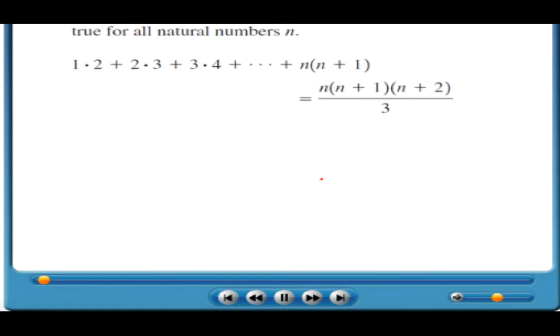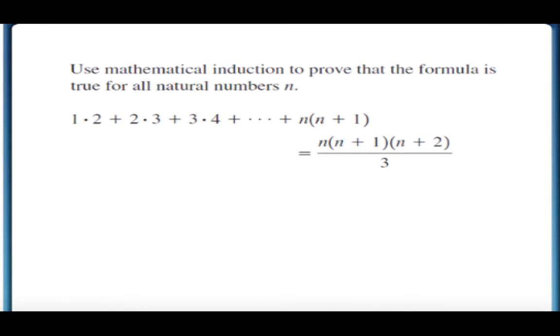Use mathematical induction to prove that the formula is true for all natural numbers n. 1 times 2 plus 2 times 3 plus 3 times 4 plus ... plus n times n plus 1 equals n times n plus 1 times n plus 2 divided by 3. So first we'll let P of n denote this statement.